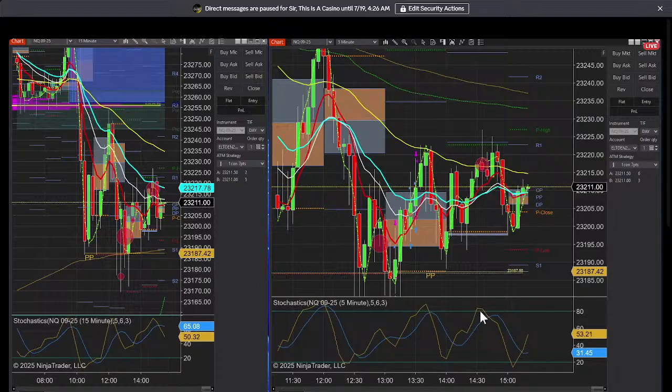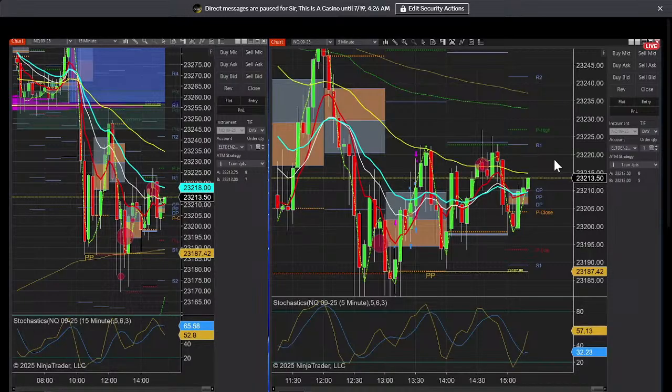This is what happens when you chase. Well, you were up here in the 80%, so no, it's probably not going to continue. But you can see when we came down, we were below the 20, and we took off up again.